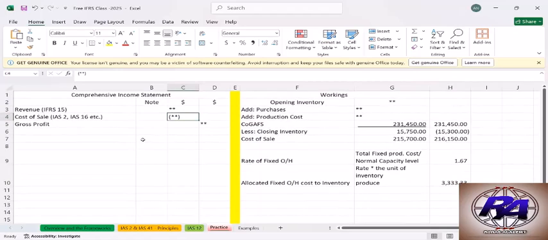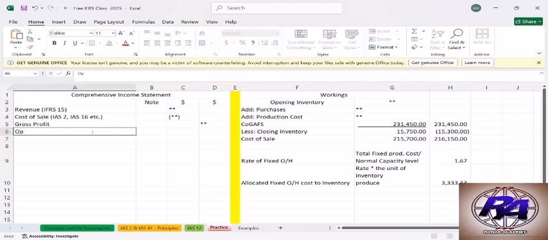Let's assume this is our comprehensive income statement, and like I was saying, we have your revenue here, we have your cost of sales, then you get your gross profit. After you get your gross profit, per the IFRS 18 formats, the next thing to do is your operating expenses. So we have to take care of our operating expenses, and this has to do with admin costs.